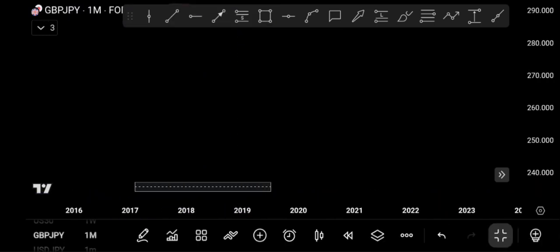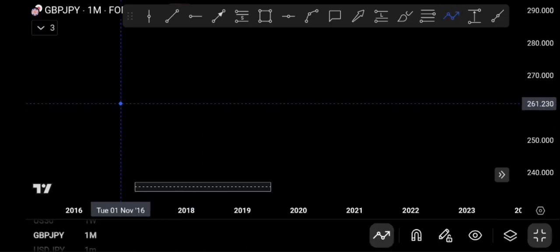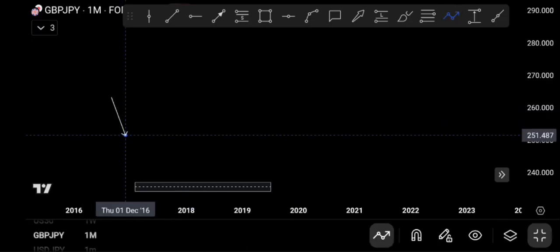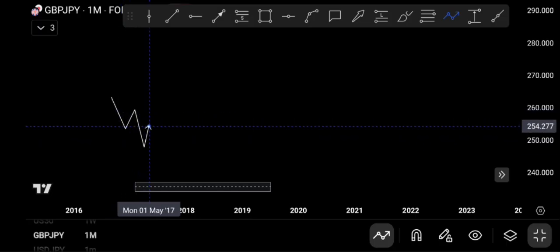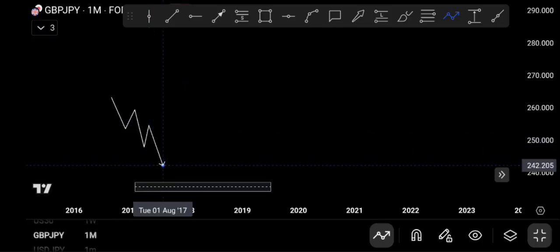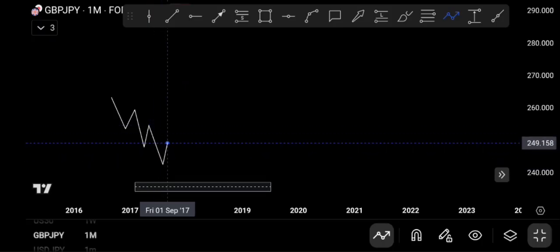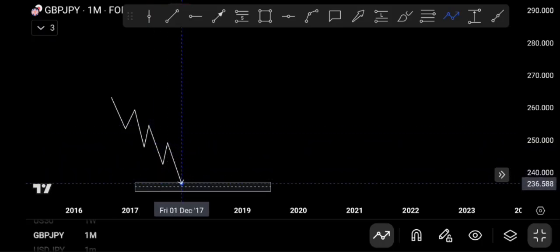And following price reactions, following our structure, we have correction, impulse move, break of structure, a correction move, impulse move, break of structure, a correction move, impulse move, break of structure into our higher time frame demand zone.